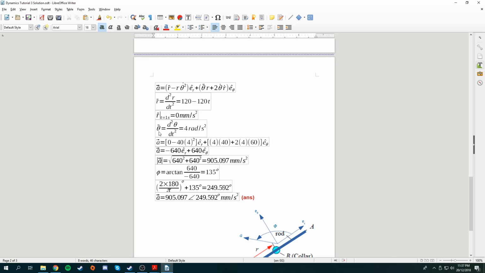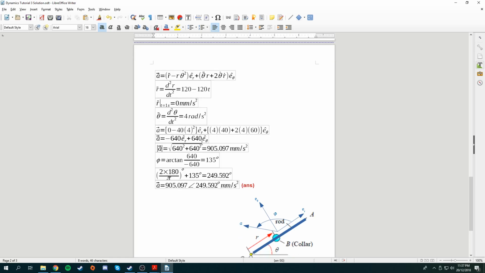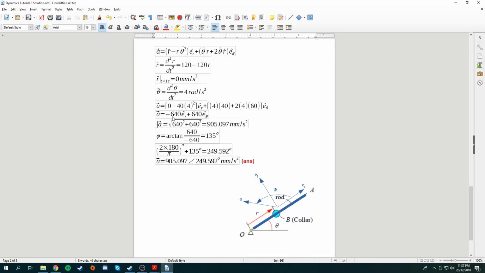For theta double dot, I'll just differentiate theta dot with respect to time, and that gives me 4 radians per second squared. Once I have all my unknowns, I just sub everything into the general form, and I'll find this to be negative 640 er plus 640 e theta. I'll take the absolute value and find that out to be 905.097 mm per second squared.